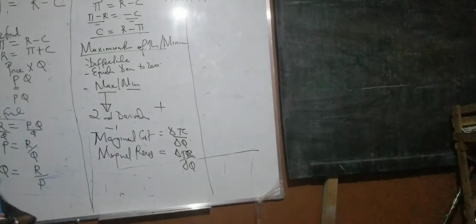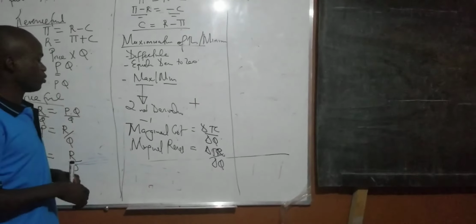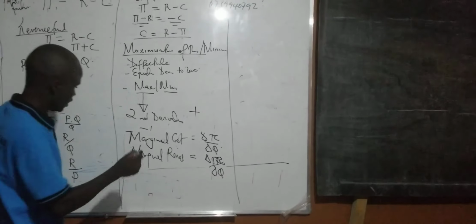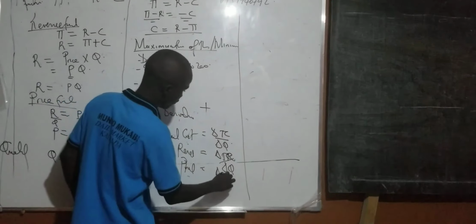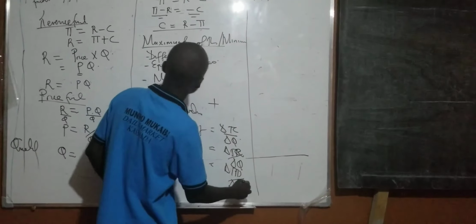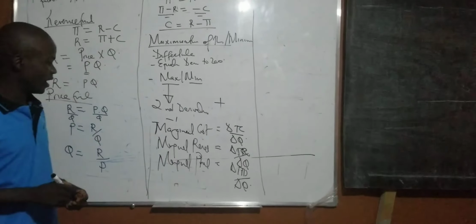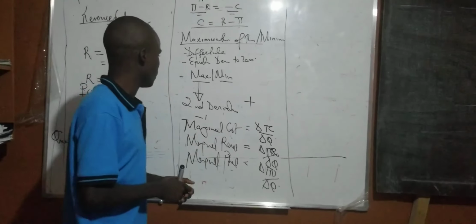Marginal cost, differentiate the total cost function. Marginal revenue, differentiate the total revenue function. Lastly, marginal profit equals change in total profit over change in quantity. If they ask to find the marginal profit, differentiate the profit function.